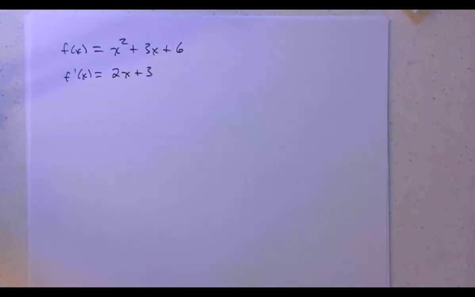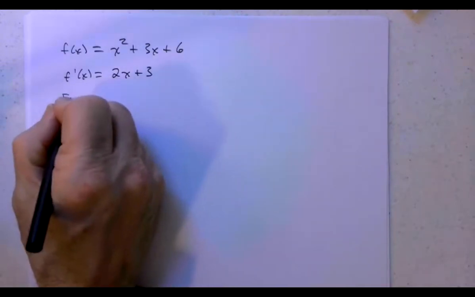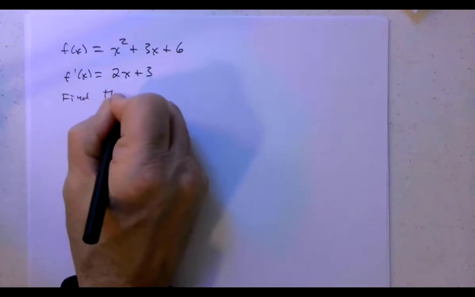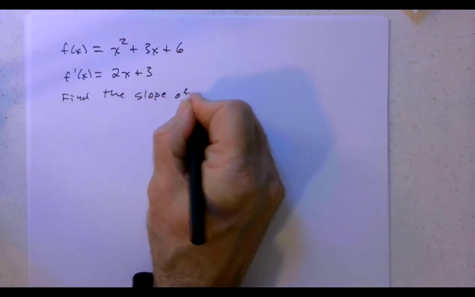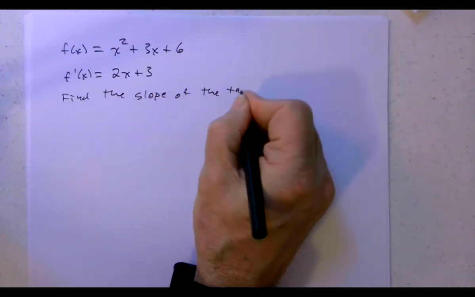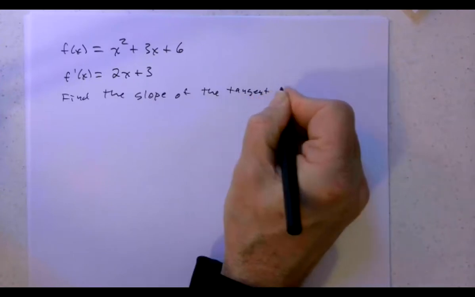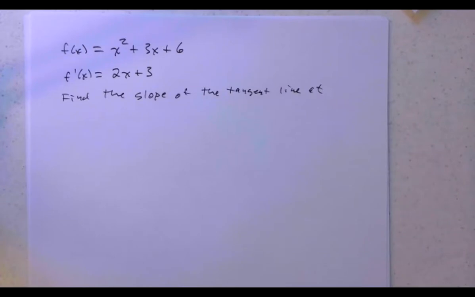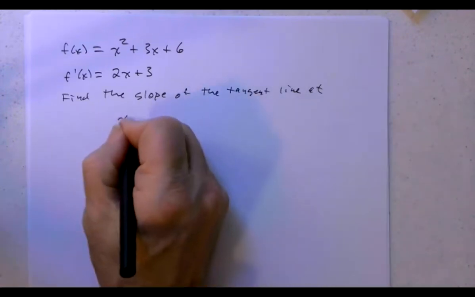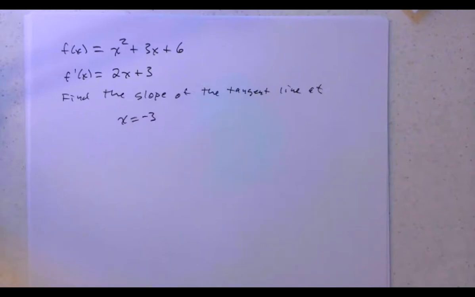We want to find the slope of the tangent and then eventually the equation of the tangent. Find the slope of the tangent line. At what? At x equals -3. And then eventually we'll use that to find the equation of the tangent line.